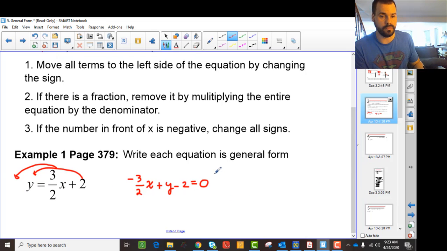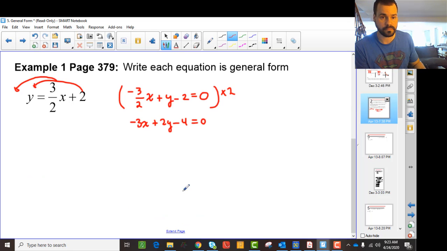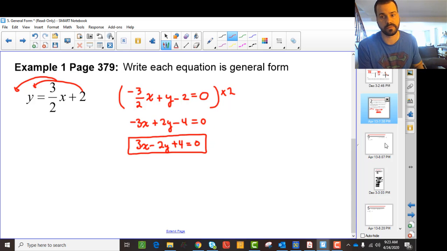Then there is a fraction, and the denominator is 2, so I multiply everything by 2. That gives me minus 3x + 2y minus 4 = 0. Then x is negative, and I don't want it to be, so I change all the signs. So it's 3x minus 2y + 4 = 0. That's my general form from the slope-intercept form. That's how you follow those steps.